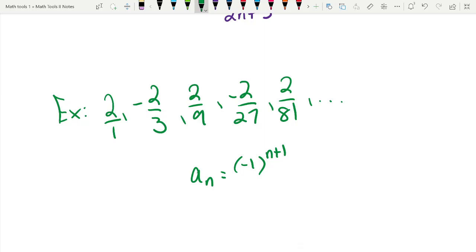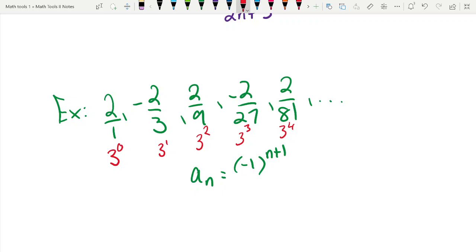So the first term is 3 to the 0th. The second term is 3 to the first, right? So let me write these out. Right, so we have 3 to the 0th, 3 to the first, 3 squared, 3 to the third, 3 to the fourth, right?